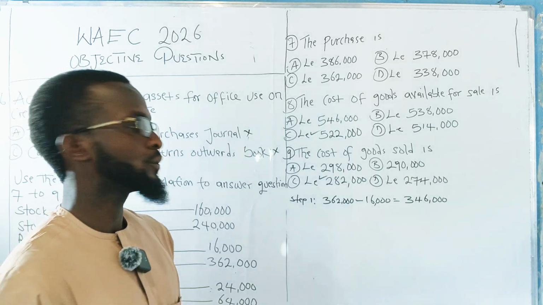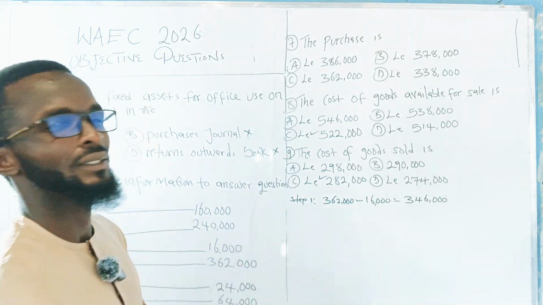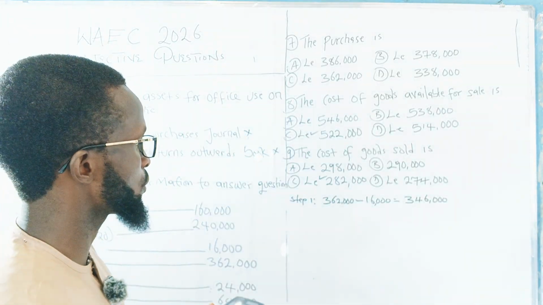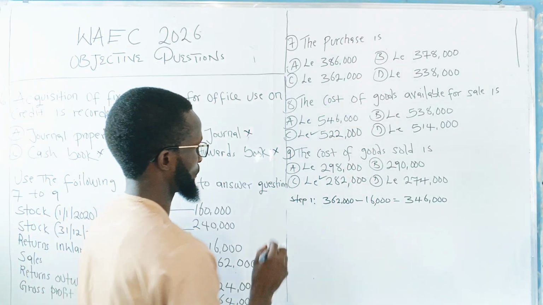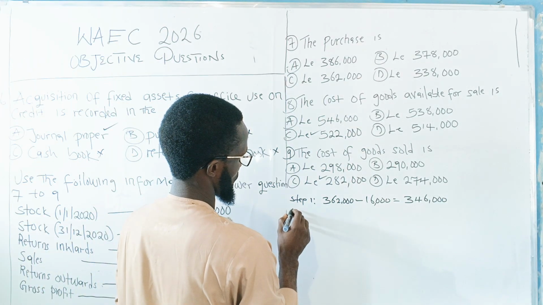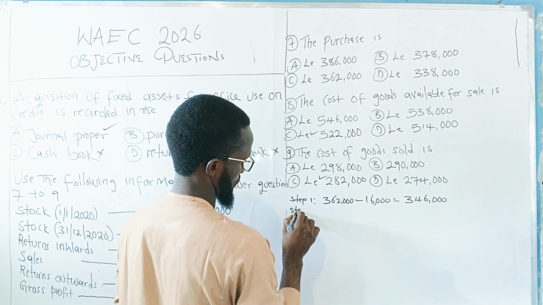After you've gotten your net sale, then you try to determine your cost of goods sold. Let's call it step 2.